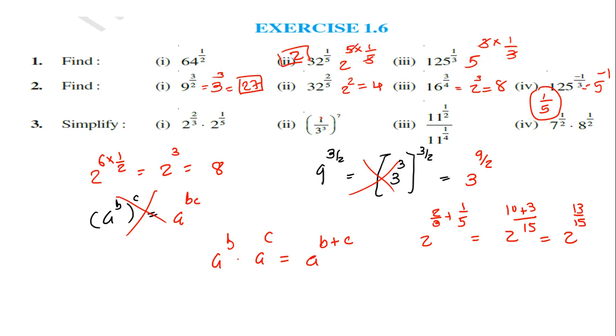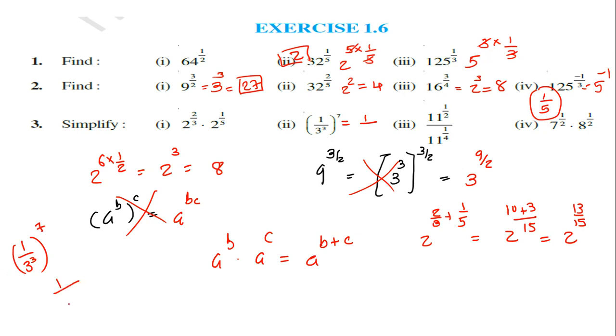Here 1 to the 7 power and 1 by 3 to the 7 power. So it will come like this. 1 to the 7 power is 1 only, and 3, it is like this, 1 by 3 raised to 3 into 7.